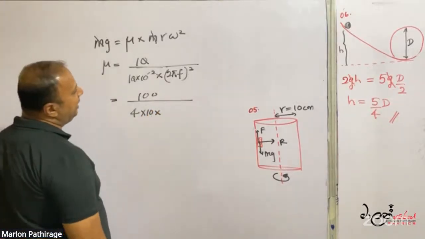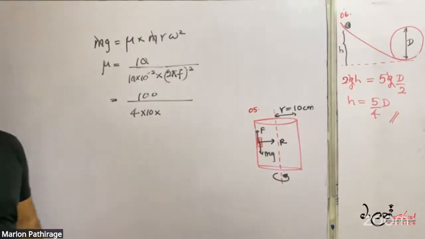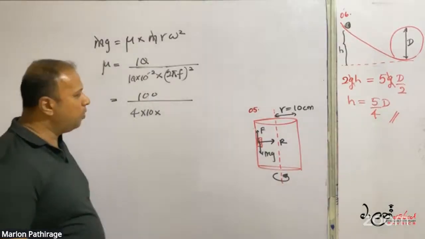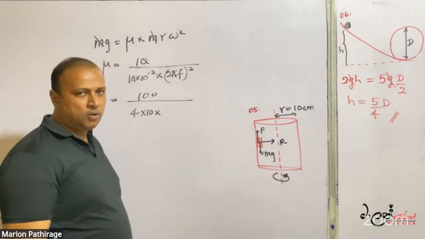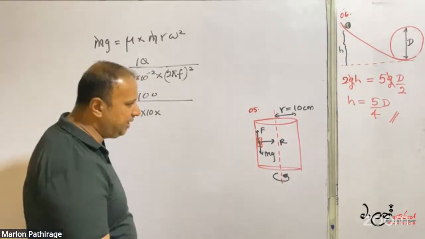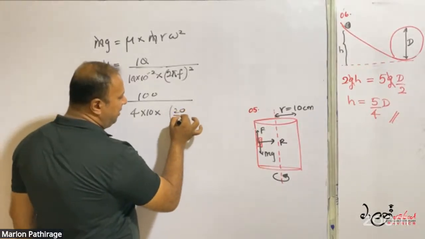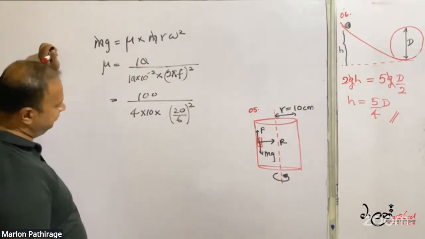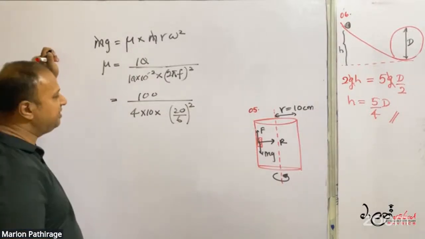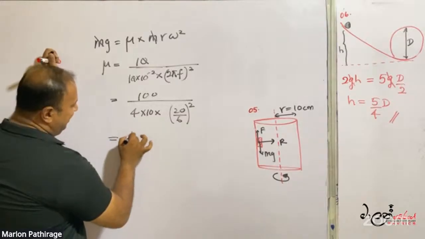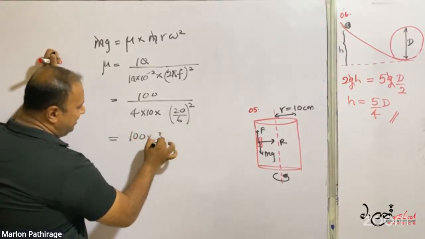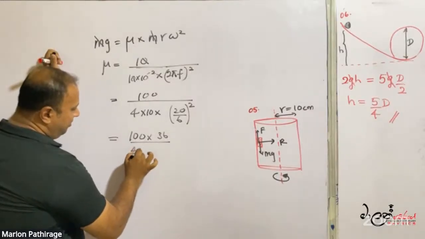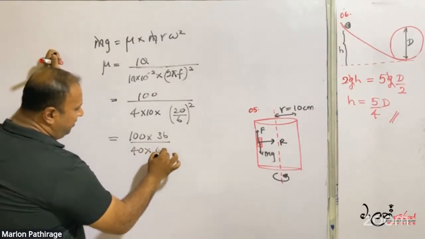Then f is square. f means 200 per minute. That means 200 divided by 60. That means 20 divided by 6 is square. Make a simplification. 100 into 36 divided by 40 into 400.